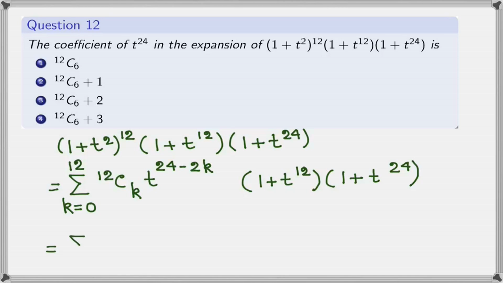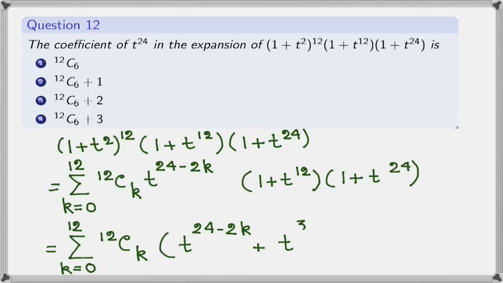And this is equal to sum running from k is equal to 0 up to 12, 12Ck into t to the power 24 minus 2k plus t to the power 36 minus 2k plus t to the power 48 minus 2k plus t to the power 60 minus 2k.